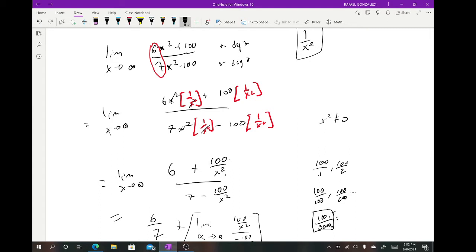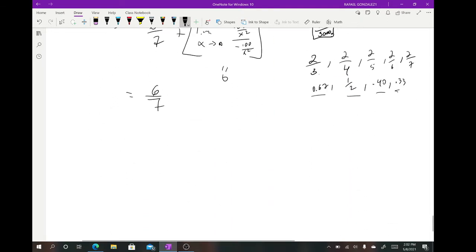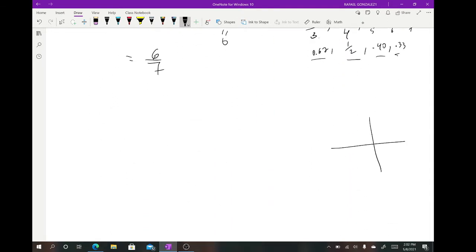So right off the bat, we could have said that the limit was going to be 6 over 7, because that's the horizontal asymptote. When you draw that graph, I don't care how it looks at this point. I know that this graph, as it goes to infinity, cannot cross the horizontal line 6 over 7. Let's say it's somewhere up here, 6 over 7. It cannot cross this horizontal line ever.